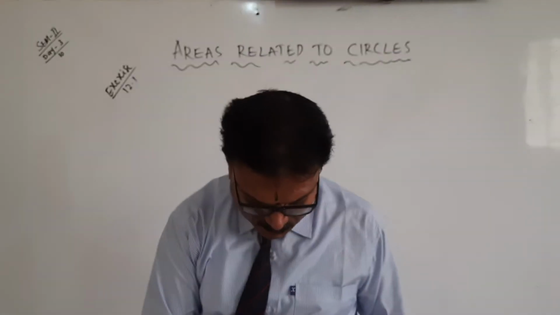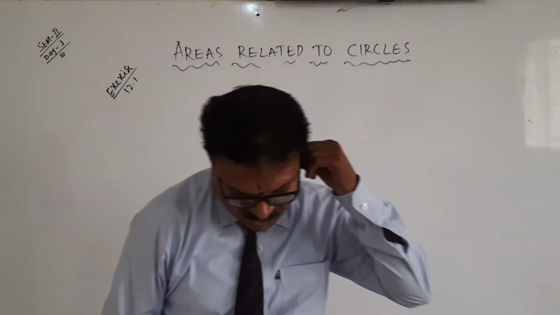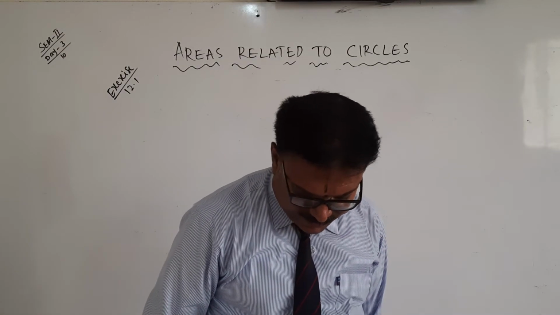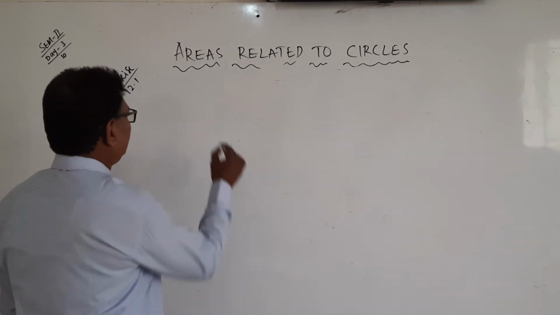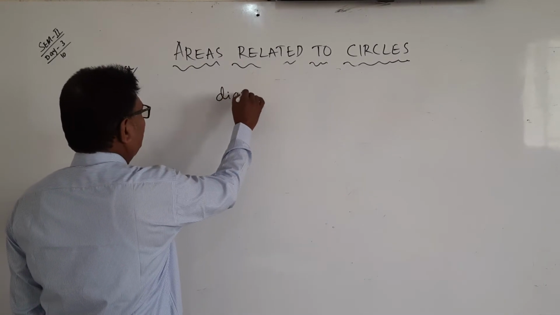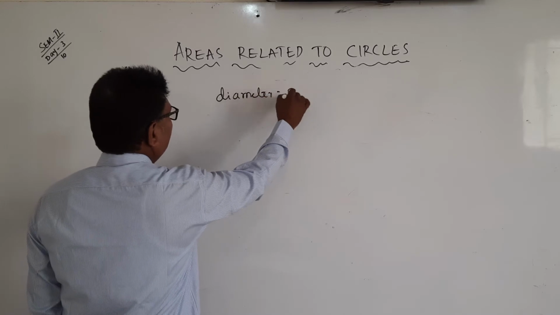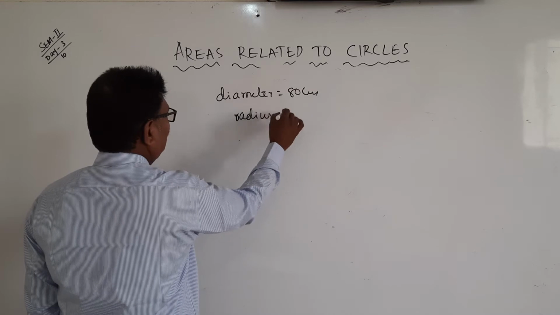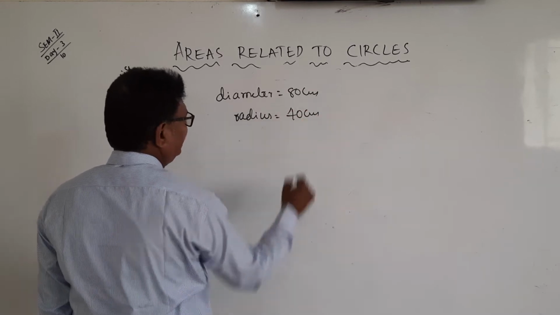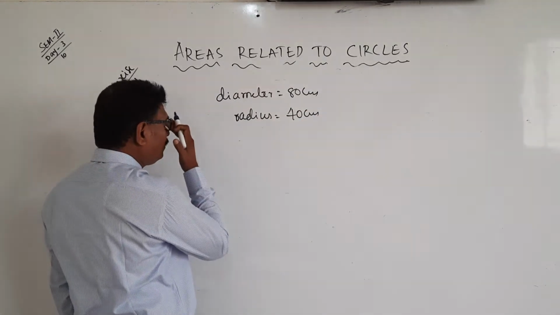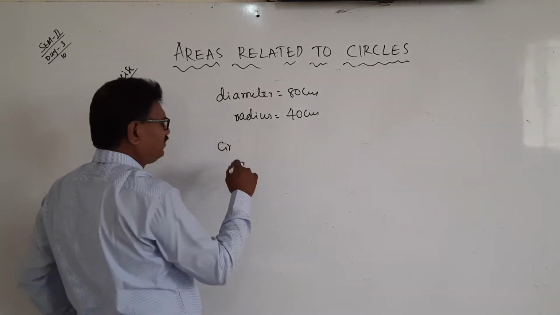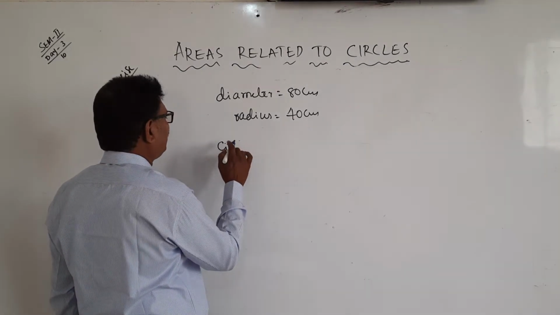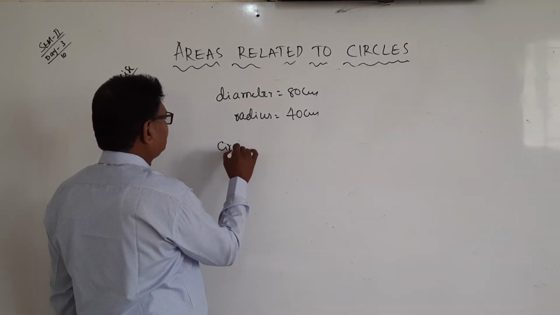Right. Next problem. 2 wheels of a car of different diameters of a diameter 80 centimeters each. First you write what he has given. Diameter 80 centimeter. Therefore radius, how much? 40 centimeter. Now we know that when it is rotating, we have to find out circumference only, right?